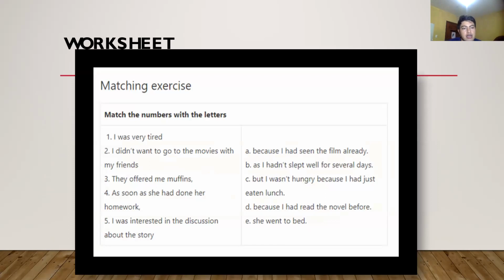Here we have a worksheet that I'm going to give to the students, and they need to match the numbers with the letters. For example, I was very tired, and they need to find in this column the right answer.